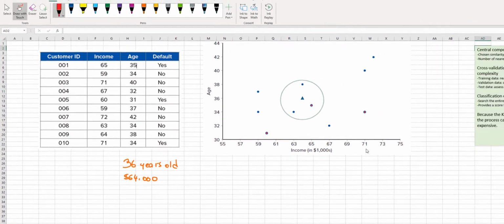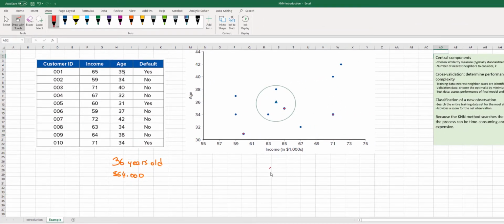Therefore, the central components of KNN are, first, similarity measures, and second, the number of nearest neighbors, or K. In practice, the KNN algorithm often uses the Euclidean distance to measure the similarity between observations.